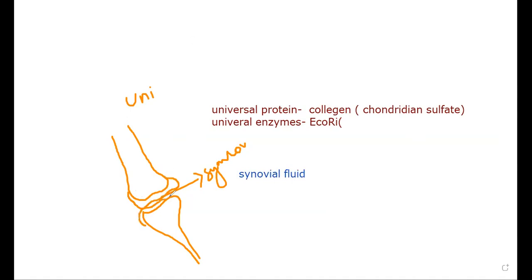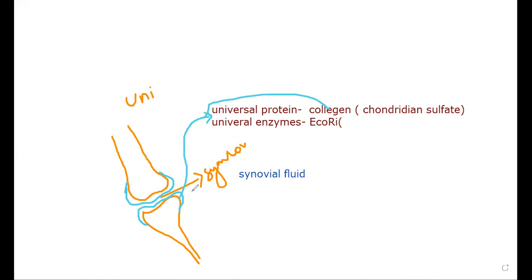So I have to differentiate, then only it will be better for your understanding. Here there is one of the connective tissues, the bone, as well as here also. This is the universal protein that is called collagen. Simply we might call it collagen.